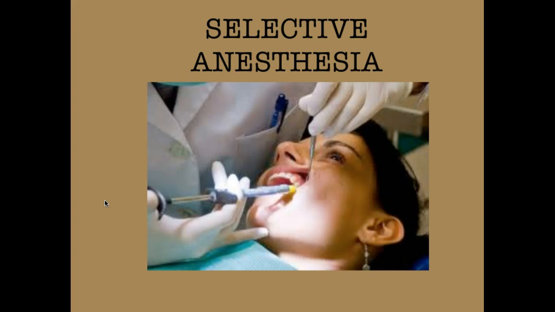You have an alkaline anesthetic solution and an acidic infection, and those two just don't mix, and sometimes anesthesia does not affect an abscess or necrotic pulp. It's probably not a very common vitality test to use.